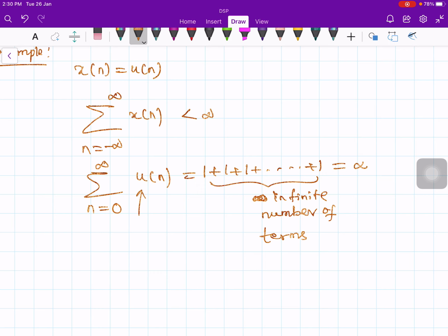So this is equal to infinity. Therefore, since it is equal to infinity, x of n is not absolutely summable.